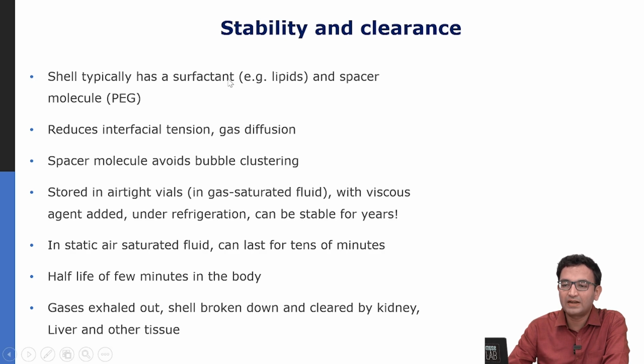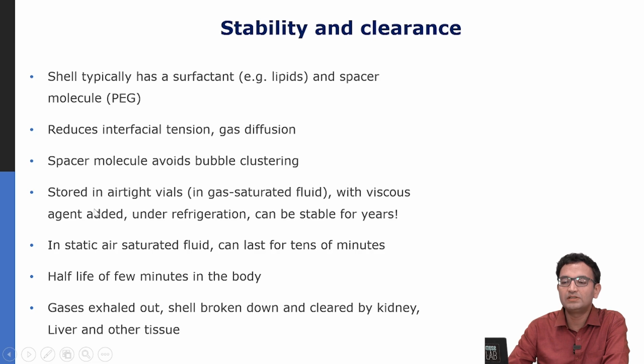And the shell surfactant reduces the interfacial tension. You may be aware of surface tension, and that bubbles dissolve because of high surface tension. So by reducing the interfacial tension, and also because the membrane, which is the surfactant on the surface, reduces gas diffusion, it is able to increase the lifetime of these bubbles.